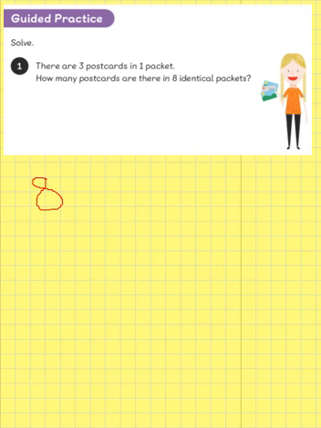If I'm looking at the fact that in one packet I've got 3 postcards, then my thoughts are that I'm going to need to multiply by 3 to get the answer.